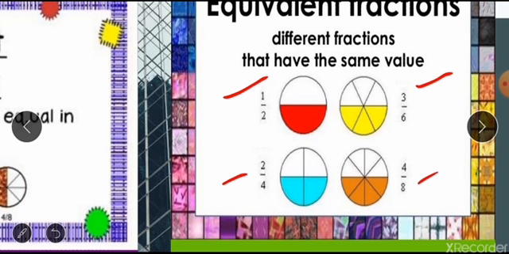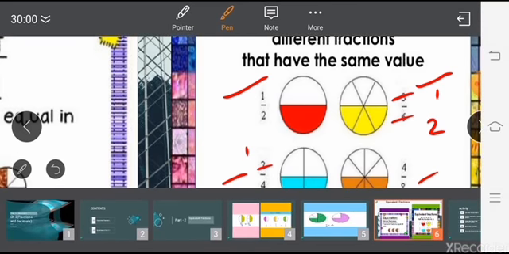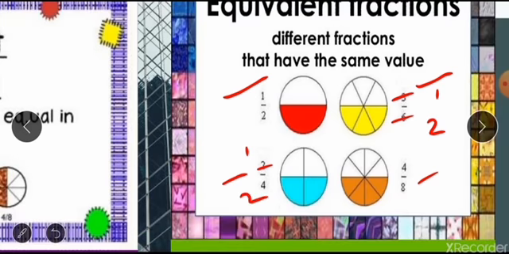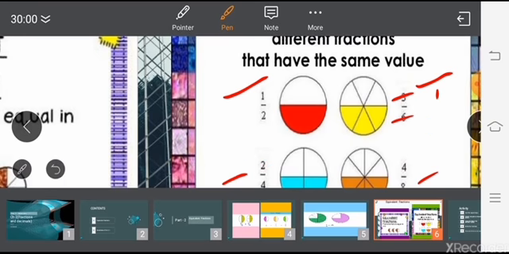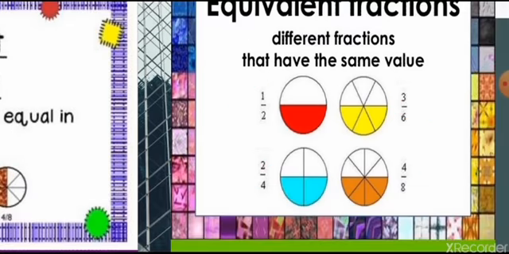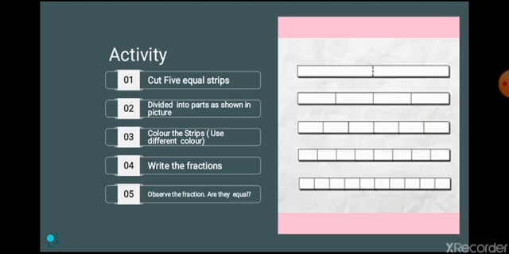So, after solving this, I will get the same answer. 3 1s are 3, 3 2s are 6, 2 1s are 2, 2 2s are 4, 4 1s are 4, 4 2s are 8. So, every time I am getting the same value, 1 by 2. So, it means these are equivalent fractions. So with the help of these examples and these pictures, students, I hope it is clear to all of you what equivalent fractions are.